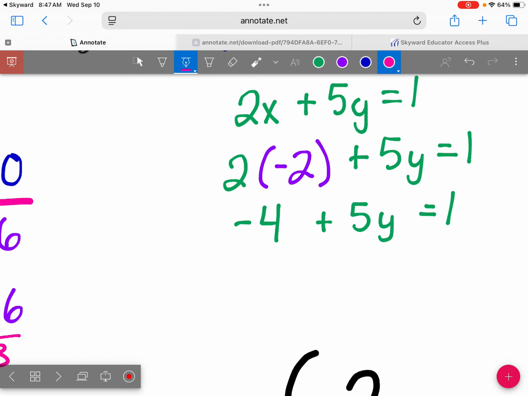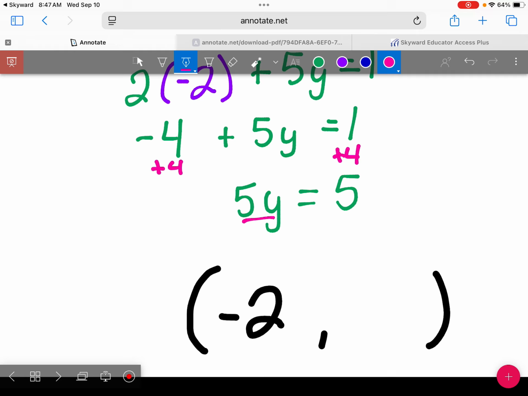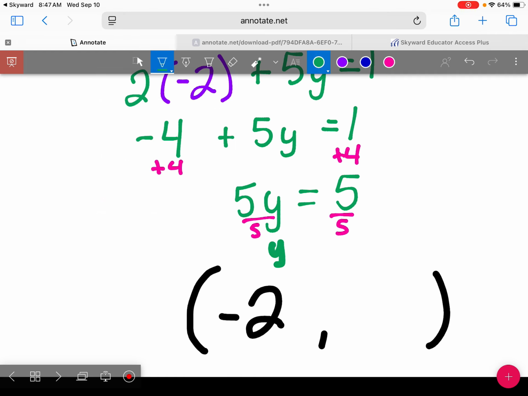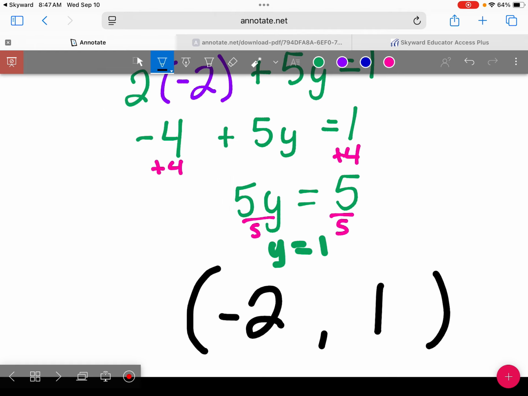Then if I add 4 to both sides, we get our 5y equals 5. And what does y equal? 1. Because we would then divide both sides by 5. So if our y equals 1, that means we know the rest of our ordered pair. These 2 lines would cross at negative 2, 1.